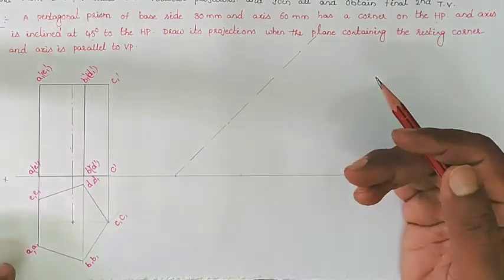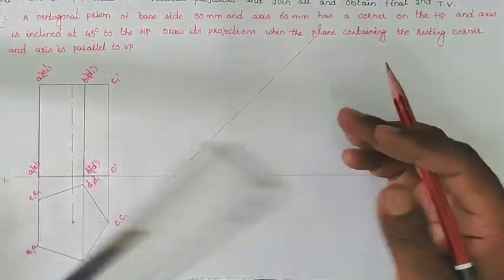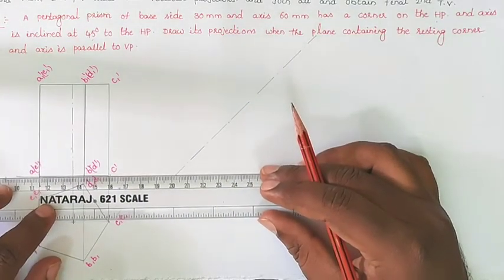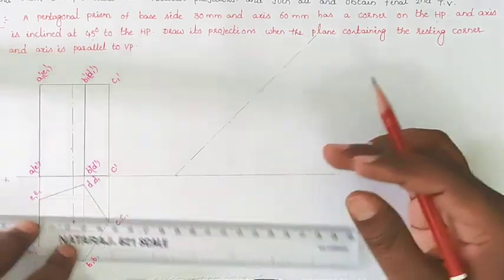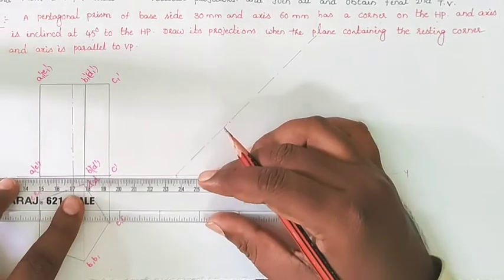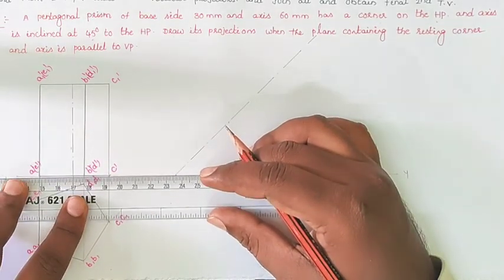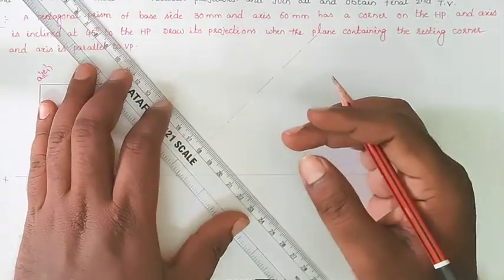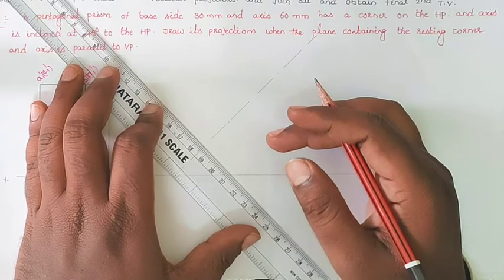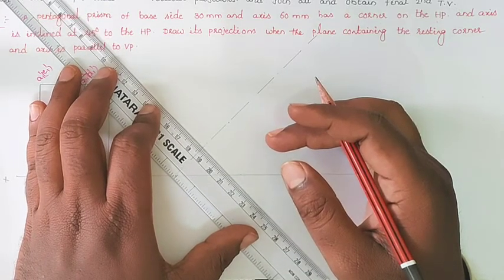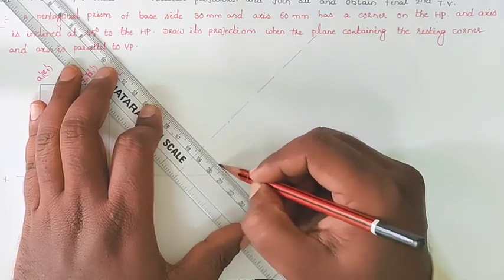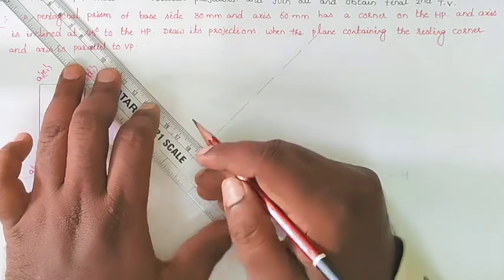So I am tilting this line. For that I am measuring the line length of one of the bases, 45. Just I am drawing. I am measuring the length from this corner to the center of the axis line, which is also 23. So in this direction I am taking 23 mm, and you can tilt it. The axis line should be at 45 degrees. Just we will draw the diagram.